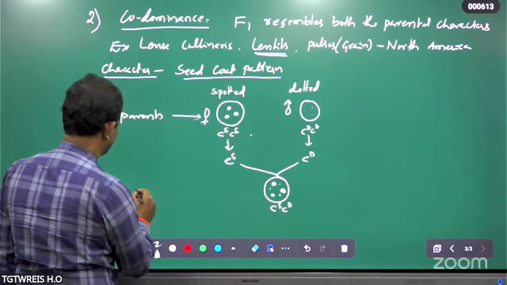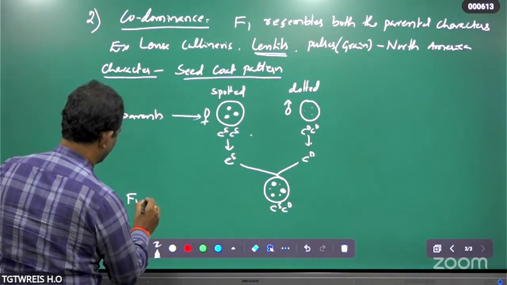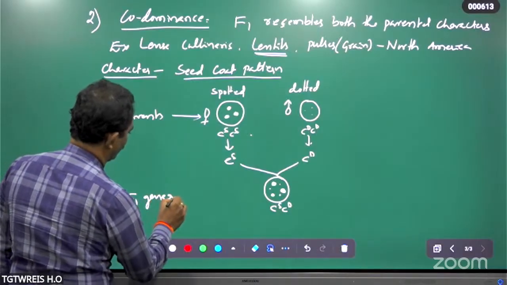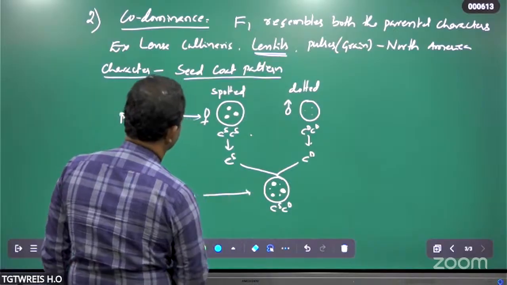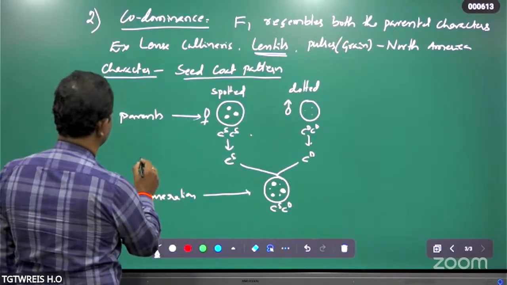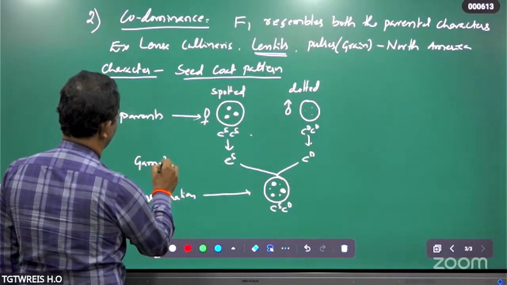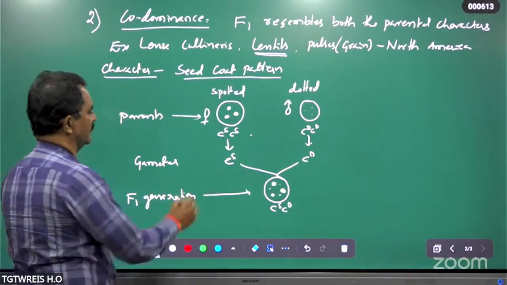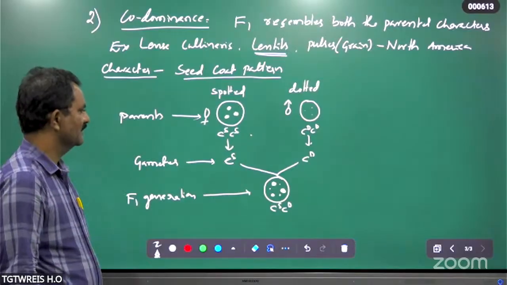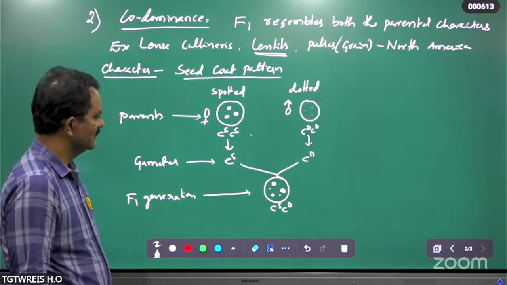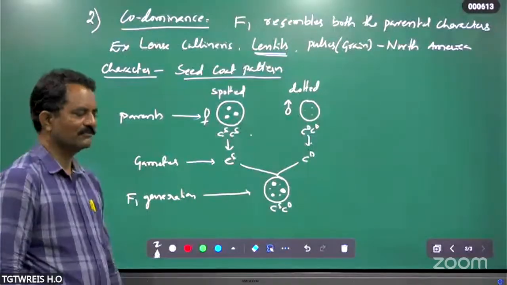So it is the F1 generation. Right? So these are the gametes. So gametes of CS and the CD, when we cross it with these gametes, automatically we get the F1 generation.